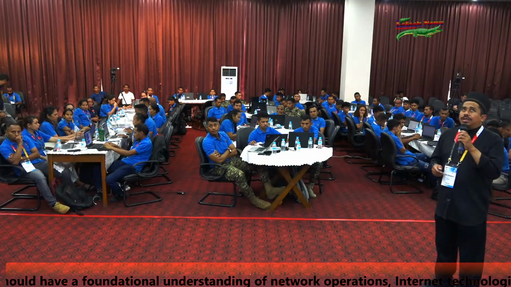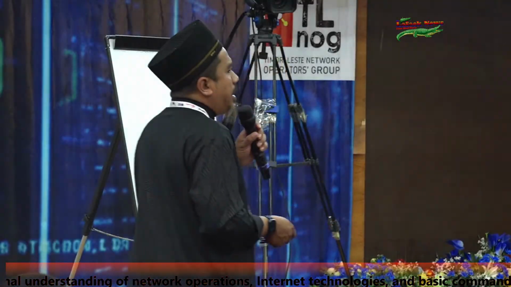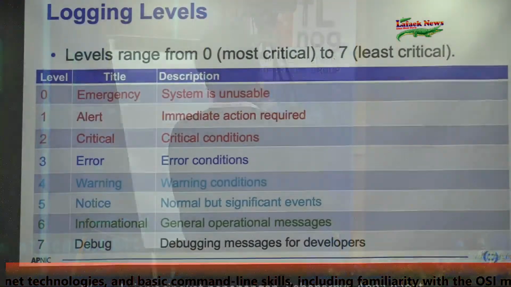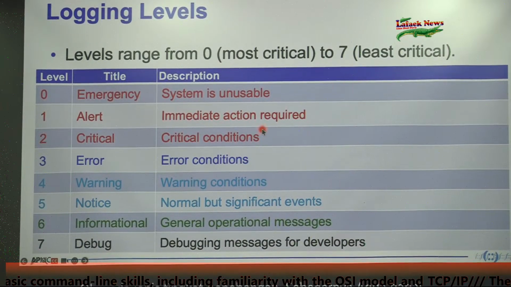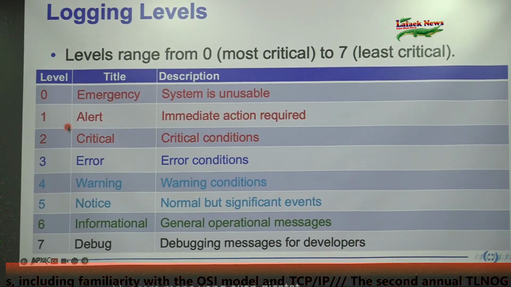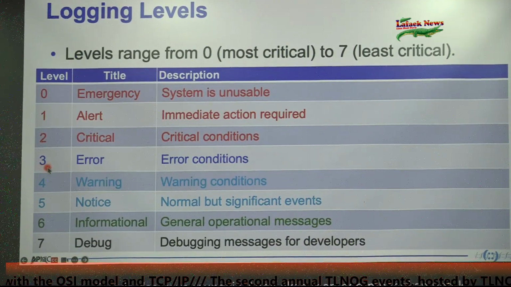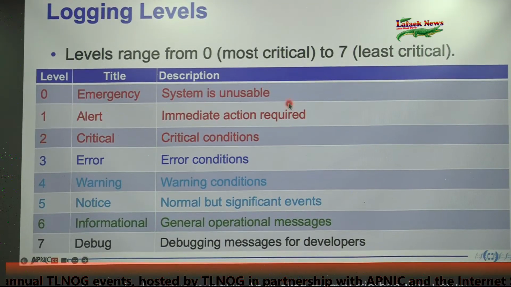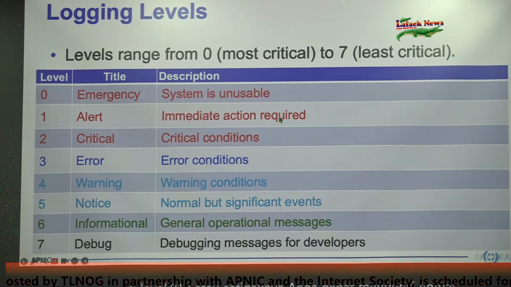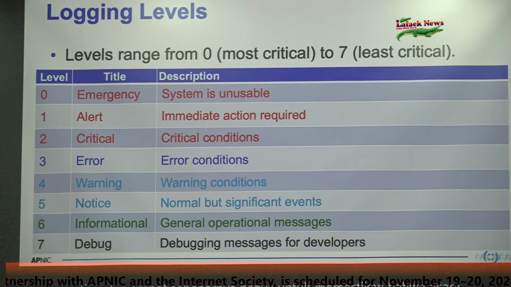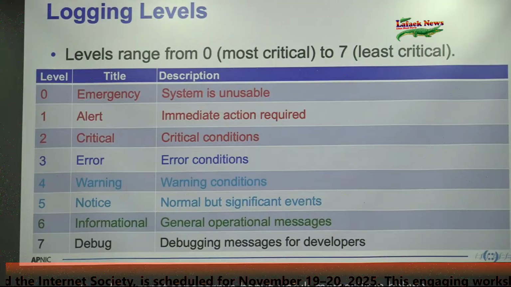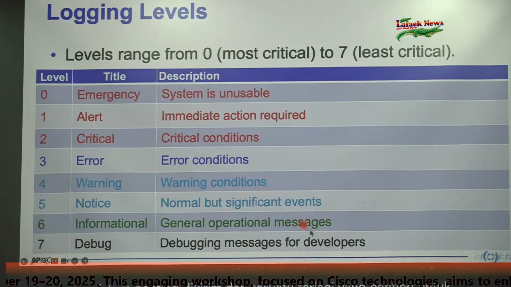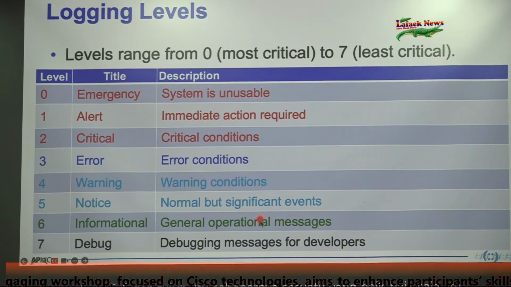Okay, there are types of logging levels. Actually, you can choose which events to log. Maybe you will consider logging levels 0, 1, 2, or at least levels 3 and 4, just to make sure that the important events are sent and you know that something important happened. Levels 5, 6, and 7 are normal operational messages, or 7 for debug.